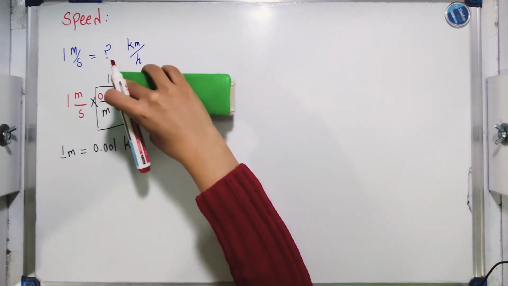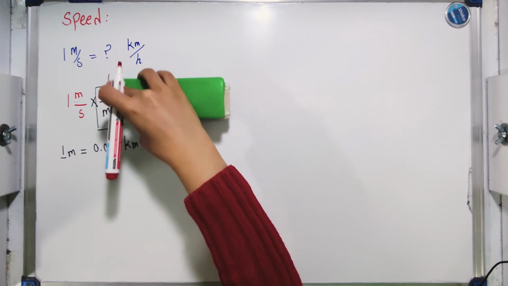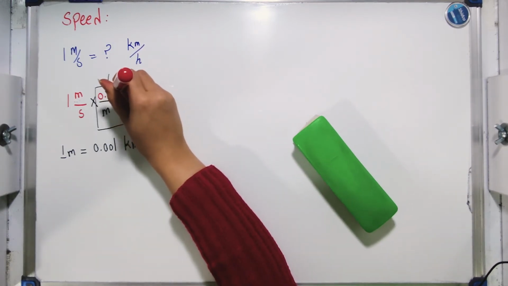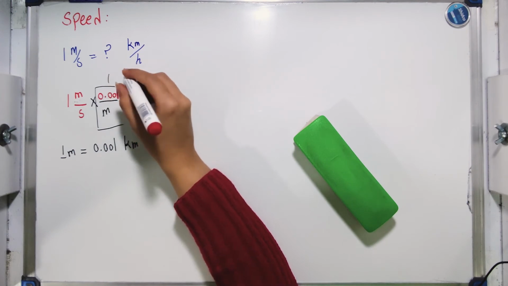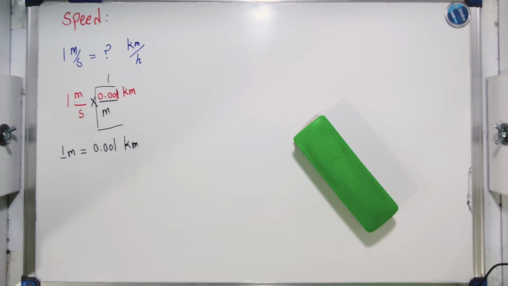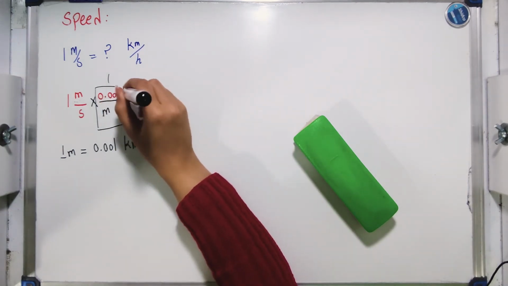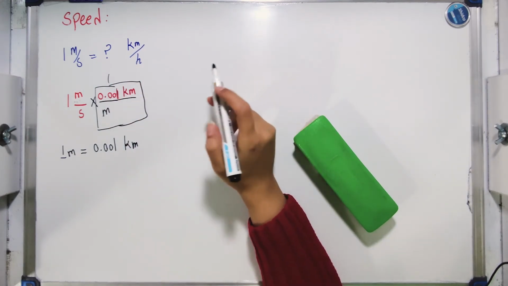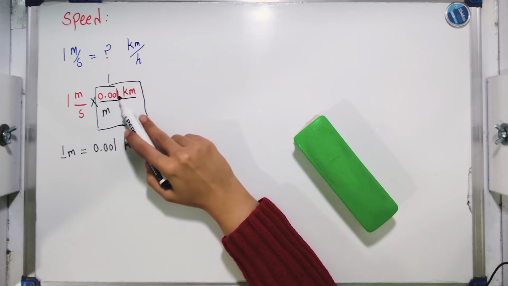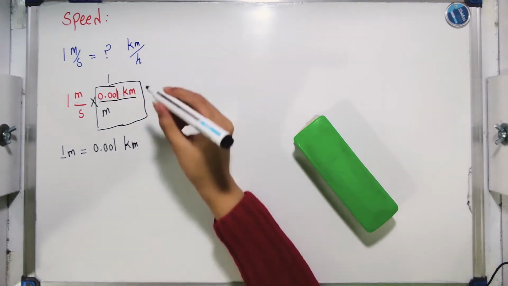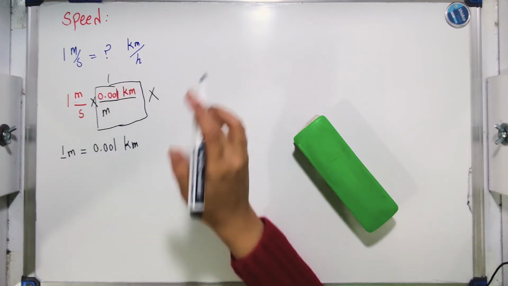Let me just make my line bigger. So yeah, this fraction again is equal to 1, because m over m will be 1. So the m part is done.